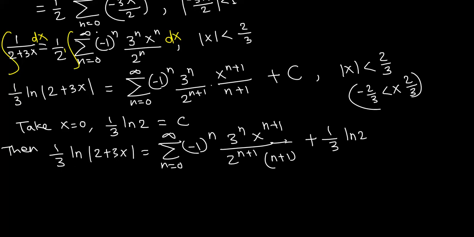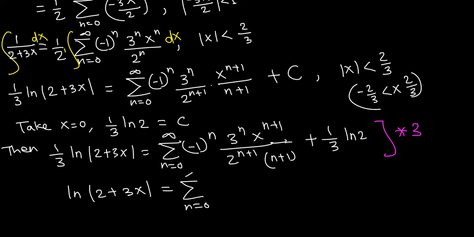So multiply throughout by 3. Then 1/3 times 3 is just 1, so natural log of 2 plus 3x is equal to, when we multiply by 3, that goes on the top, so 3 times 3 to the n is 3 to the n plus 1, sum n from 0 through infinity of -1 to the n, 3 to the n plus 1, x raised to n plus 1 over, I want to write n plus 1 first, and 2 raised to n plus 1.